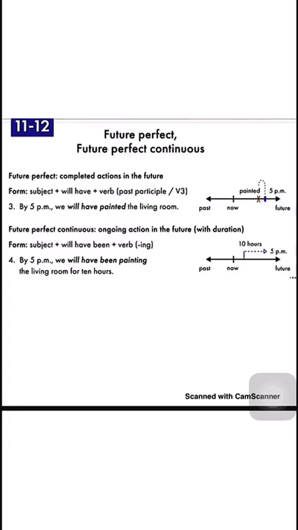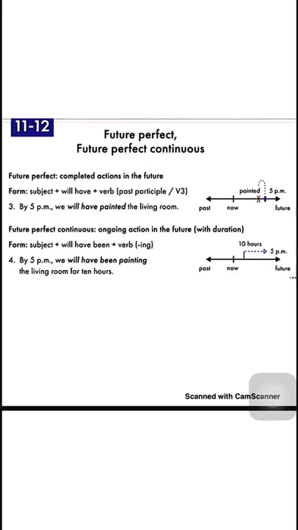Here we can also say that we'll have finished the painting in the living room. So future perfect tense is made with the subject plus will plus have plus the third form of the verb. Again I am repeating, in the perfect tense we always have to use the third form of the verb.